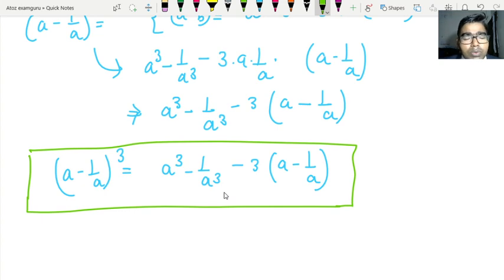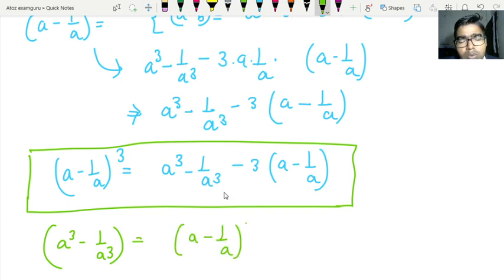And now if you want the expression in these terms, like a cube minus 1 by a cube, you will write it as a minus 1 by a whole cube plus 3, bracket a minus 1 by a. Right friends?